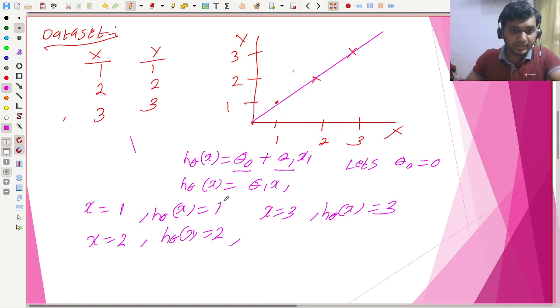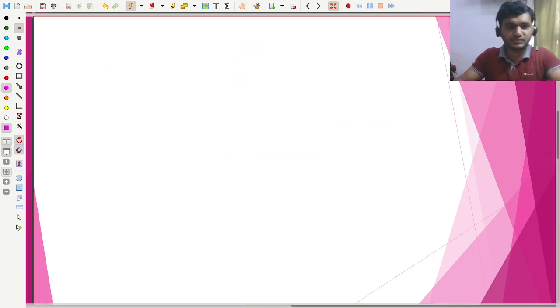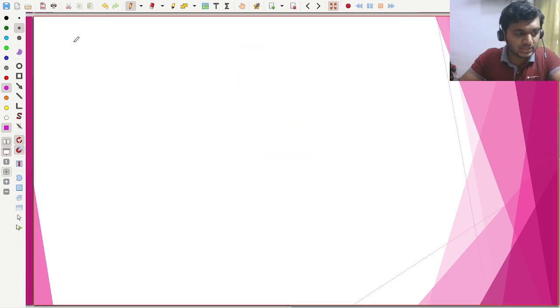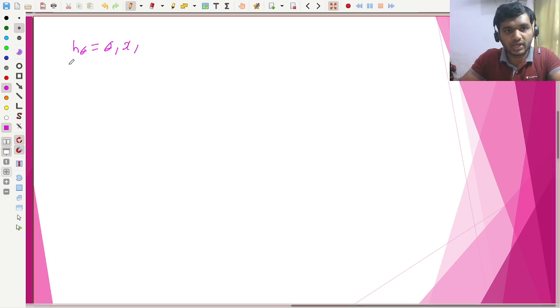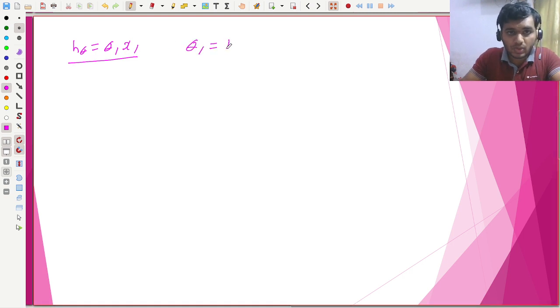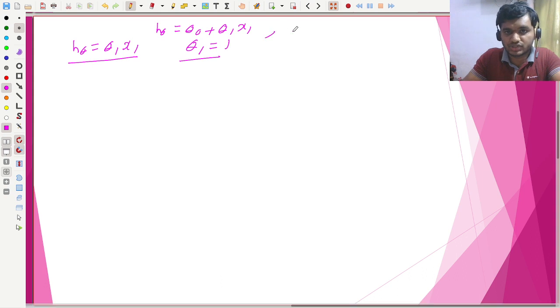If you calculate accordingly, we know that h theta equal to theta 1 x1, because the equation is h theta equal to theta 0 plus theta 1 x1, and we assume theta 0 equal to 0.